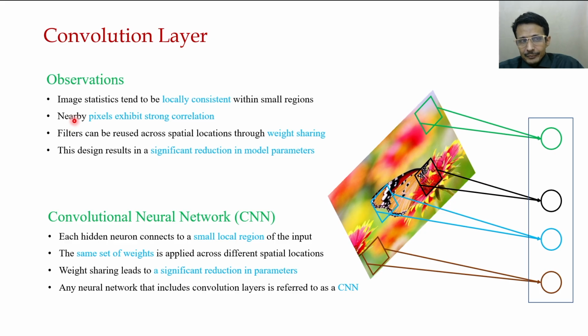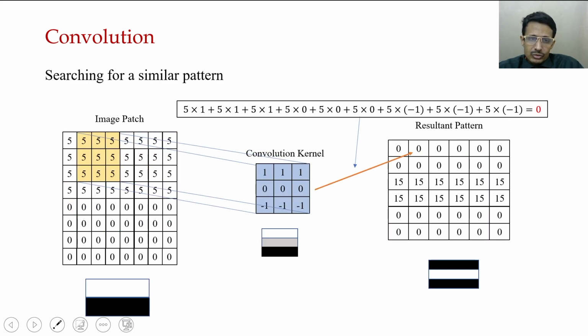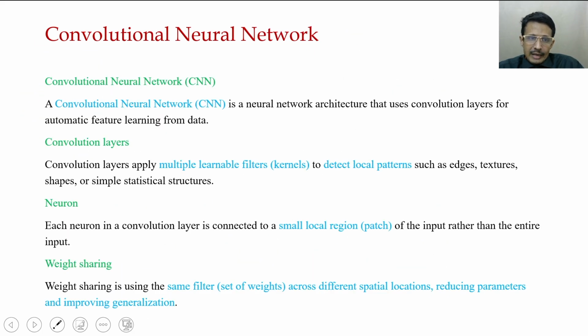That's why we say the nearby pixels exhibit strong correlation. That's why we said statistical homogeneity is there in a local neighborhood, because the neighboring pixels exhibit strong correlation. So filters can be reused across the spatial locations through weight sharing. If we go back quickly on the slide, each neuron in the convolution layer is connected to a small local region.